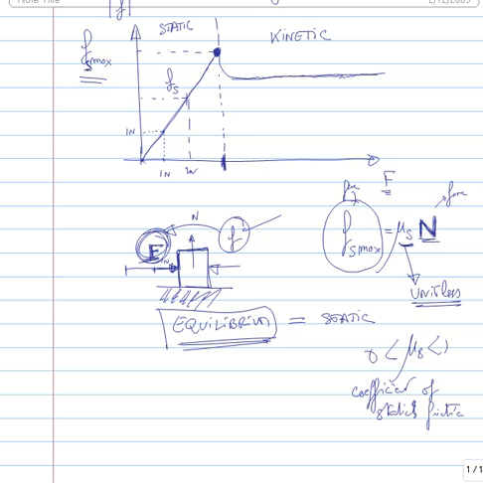When the whole system is being accelerated, then the frictional force will take a new value, and as you can see, this new value will be constant, and the value of this new frictional force will be mu k n this time.